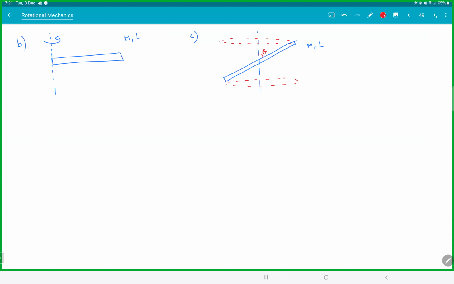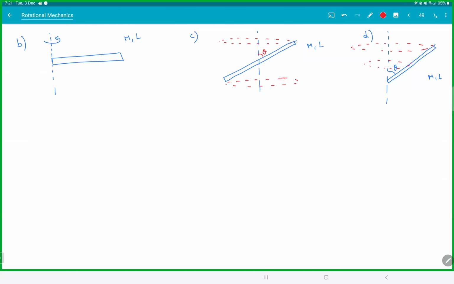Get the moment of inertia for that rod. Same thing if the rod is like this. M and L, theta. This rod is trying to rotate like this. I hope the orientations are clear.